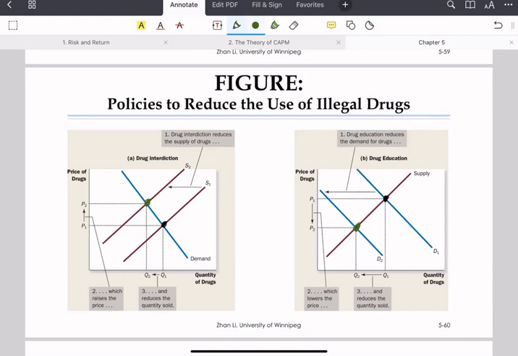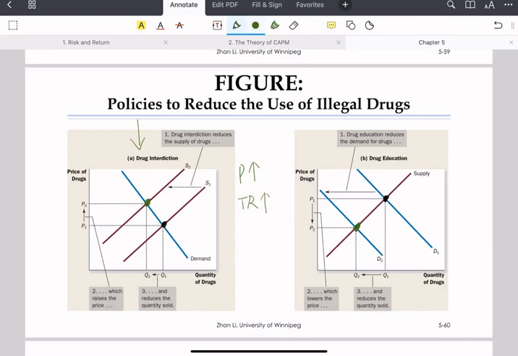So here we can see that importantly, for this drug interdiction case, price will increase, right? Now, if drug price increases, should the total revenue from selling drugs increase or decrease? Well, the answer is if price increases, the total revenue of selling drugs increases.